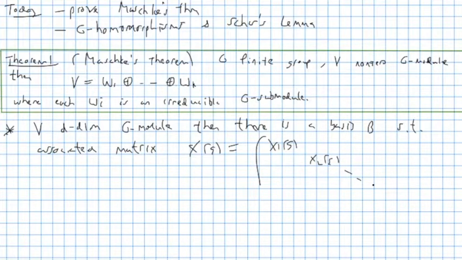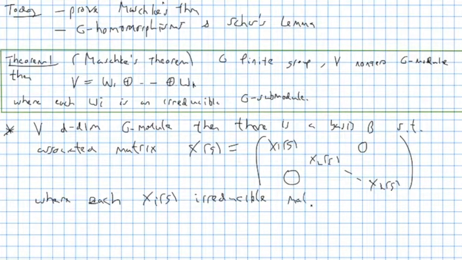I can write it in this diagonal form, where the rest is 0, and each X_i(g) is an irreducible matrix representation.